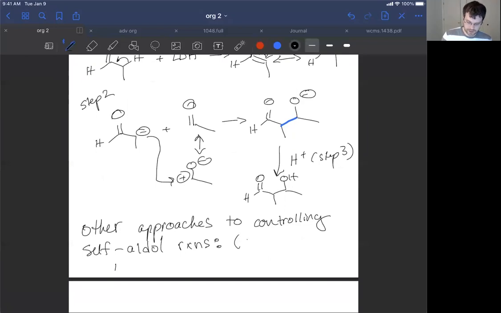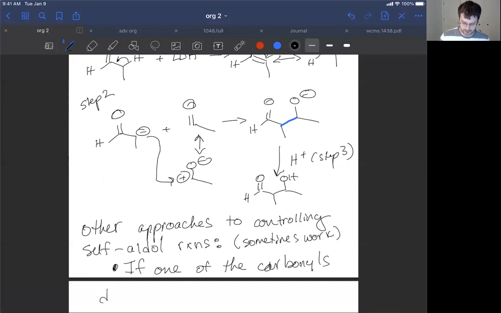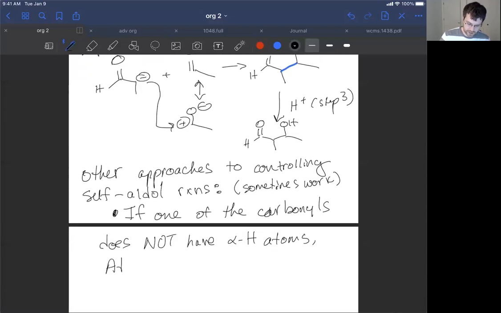These sometimes work, and really they work if the opportunity permits it. If one of the carbonyls does not have alpha hydrogens, add it in excess.